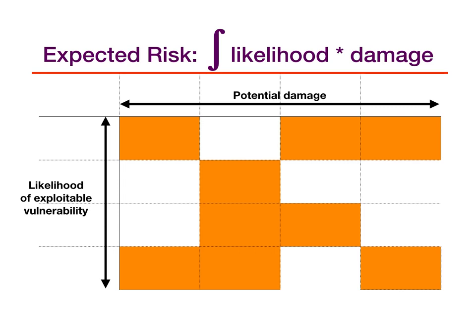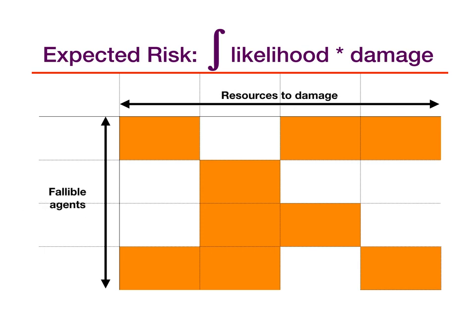Expected risk is the sum over all the potential exploitable vulnerabilities of the likelihood of the exploitable vulnerability multiplied by the potential damage that would happen if the vulnerability was exploited.